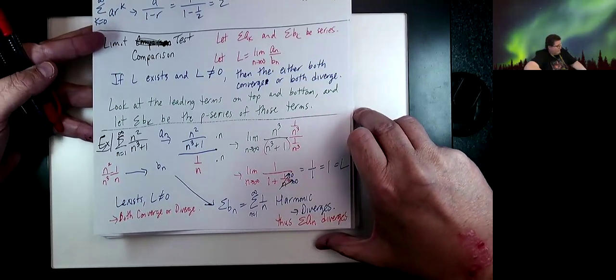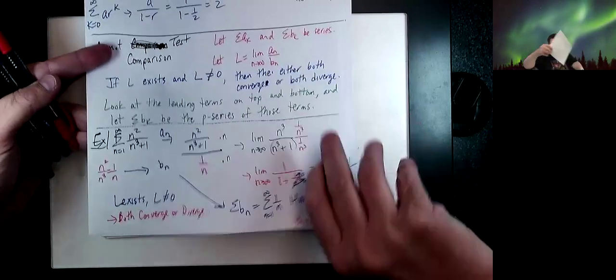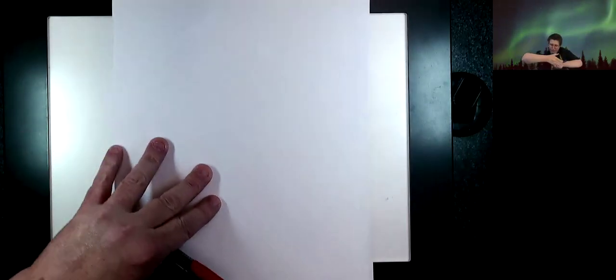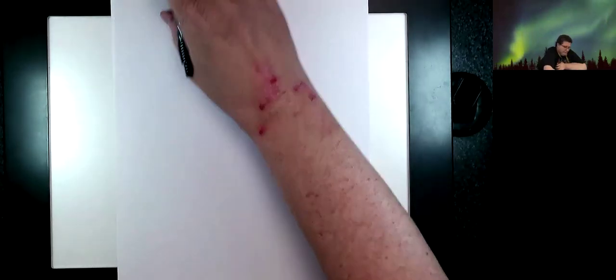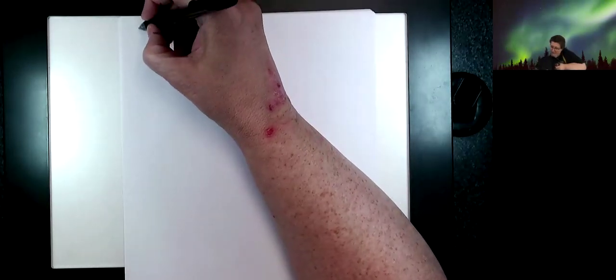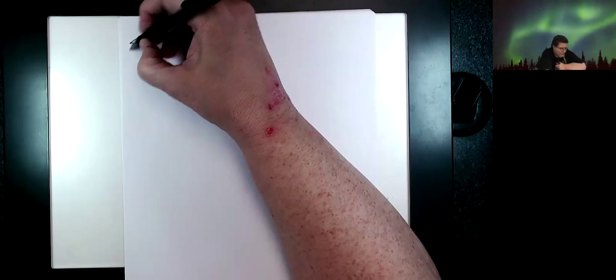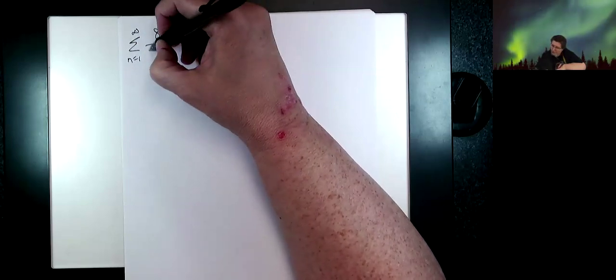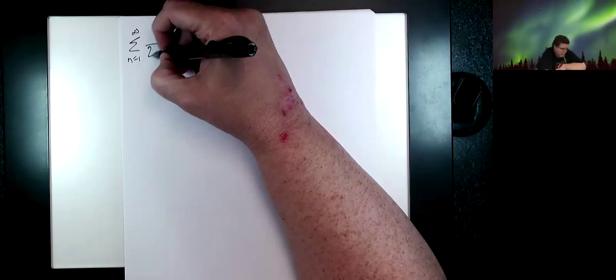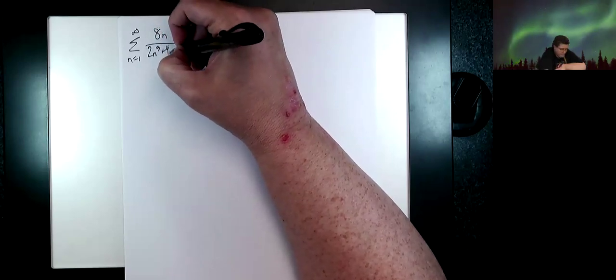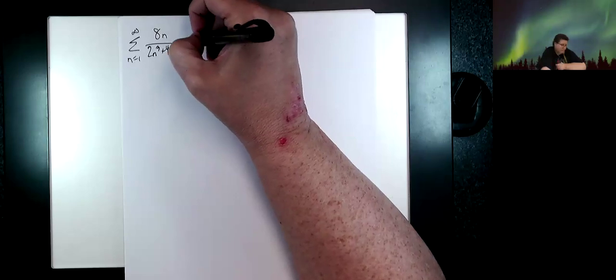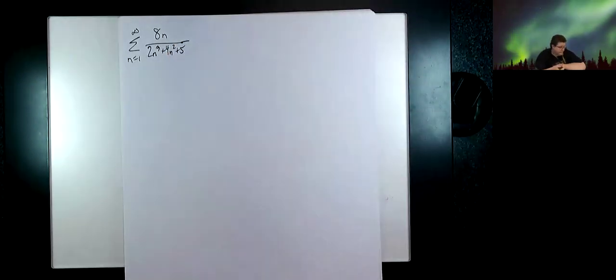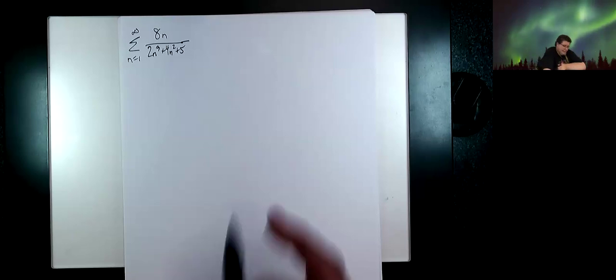Everyone ready for another? You already know what the other is because I said it was one of the other ones we did. And this doesn't look like it's going to be great for factorials. So n equals 1 to infinity of 8n over 2n cubed plus 4n squared plus 5. That's my a sub n.